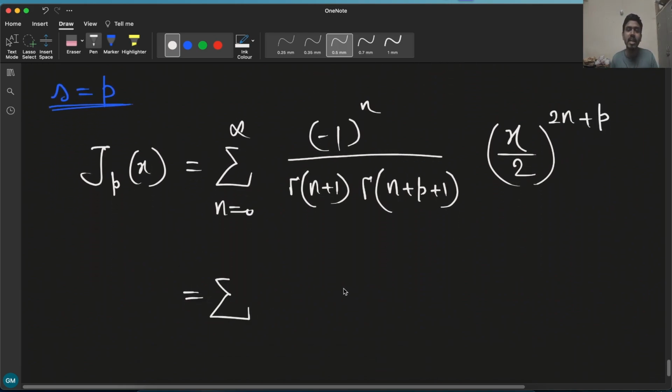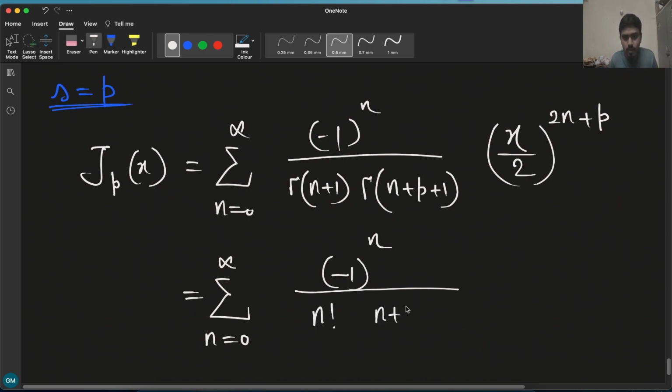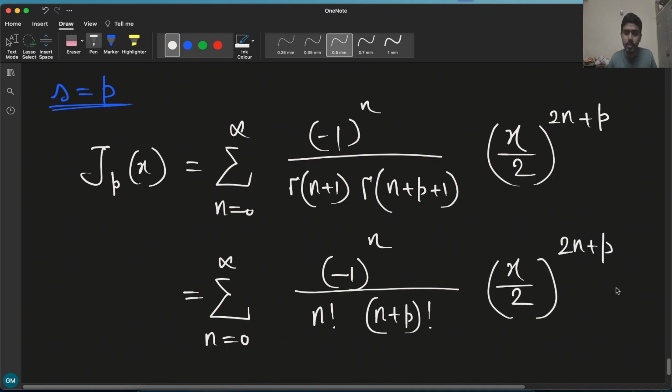Instead of writing it in terms of the gamma function, I can also write it as the sum over n equals 0 to infinity of (-1)^n divided by n factorial, because gamma(n+1) is n factorial, and (n+p) factorial, because gamma(n+p+1) is basically (n+p) factorial, times (x/2) to the power 2n+p.